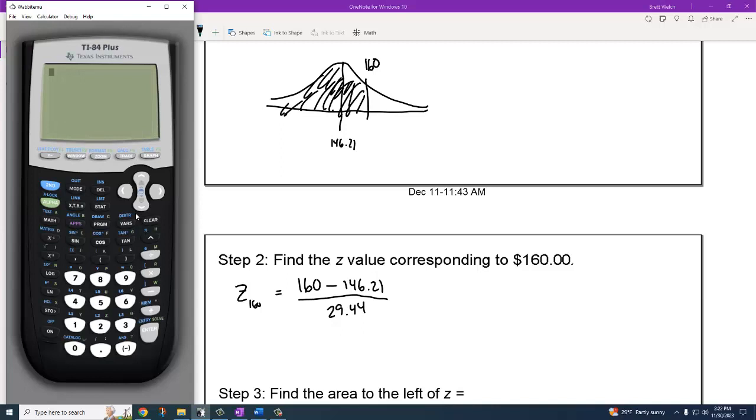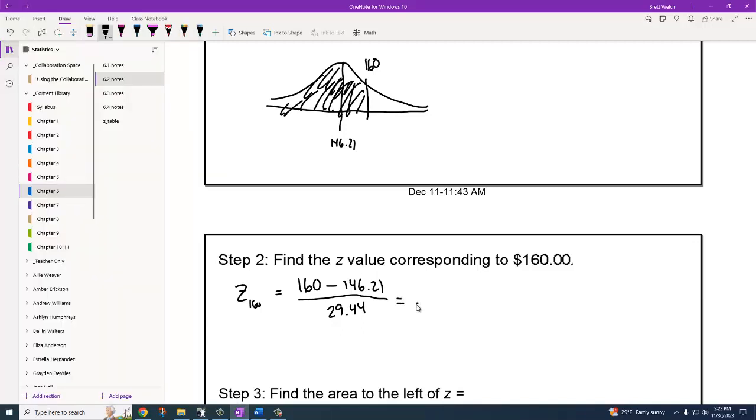Okay, so 160 minus 146.21, then we divide that by 29.44, and we get 0.468. Now, our chart only goes 2 decimal places, so we're going to have to round that. I'm going to call that roughly 0.47.